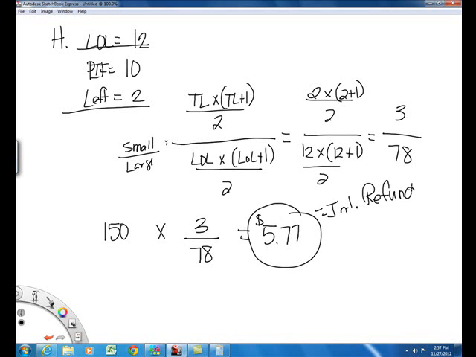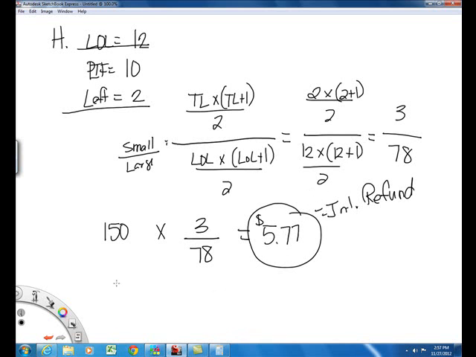What do we expect to do with refunds? We expect to subtract them from the amount that's owed. So if we were to work this problem on out, we would figure out how much we owed, and then we would subtract $5.77 from that. That would give us our new proceeds.